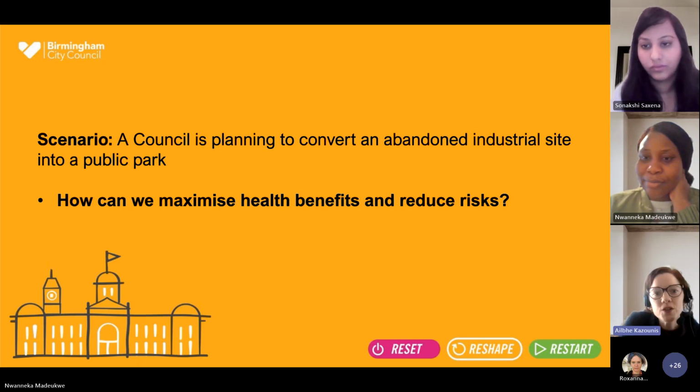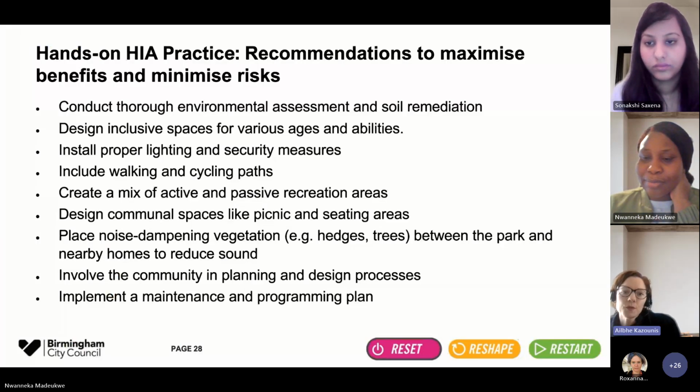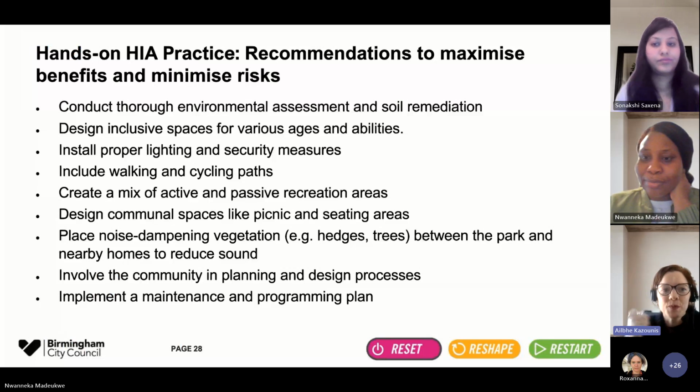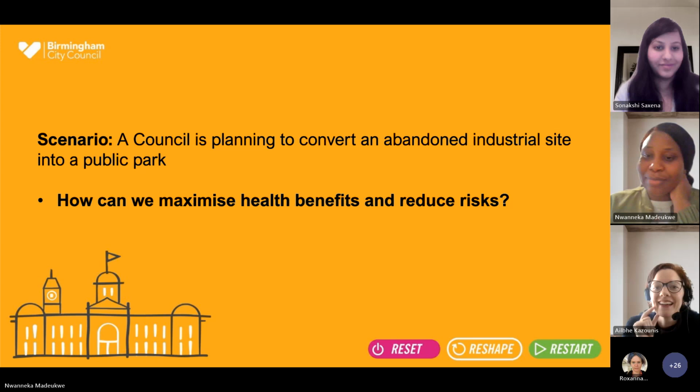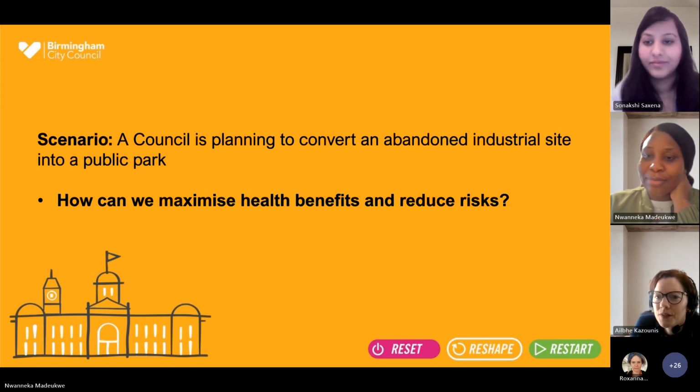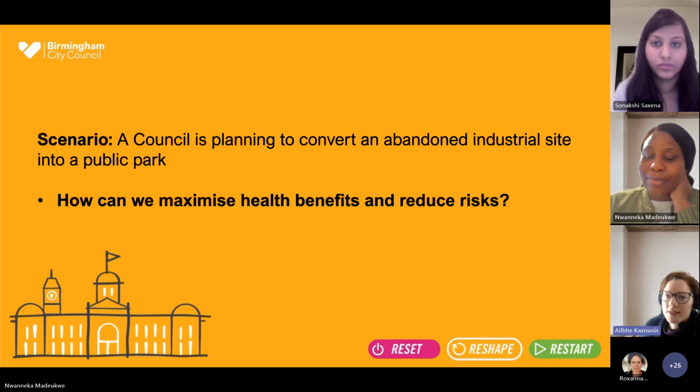Okay, so should we start thinking about some of the ways to reduce risk? Monica, if you go back, please. Yeah, thank you. So ensure the site is properly examined for chemical deposits to determine if the benefits outweigh the risk.